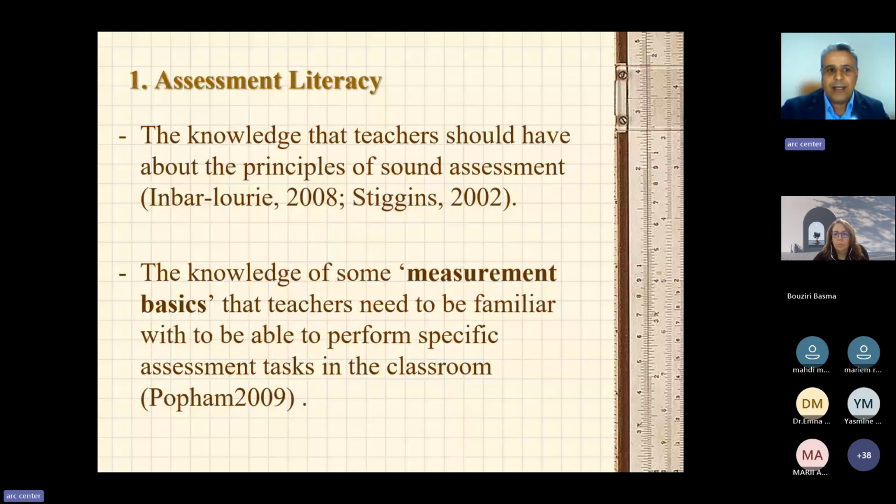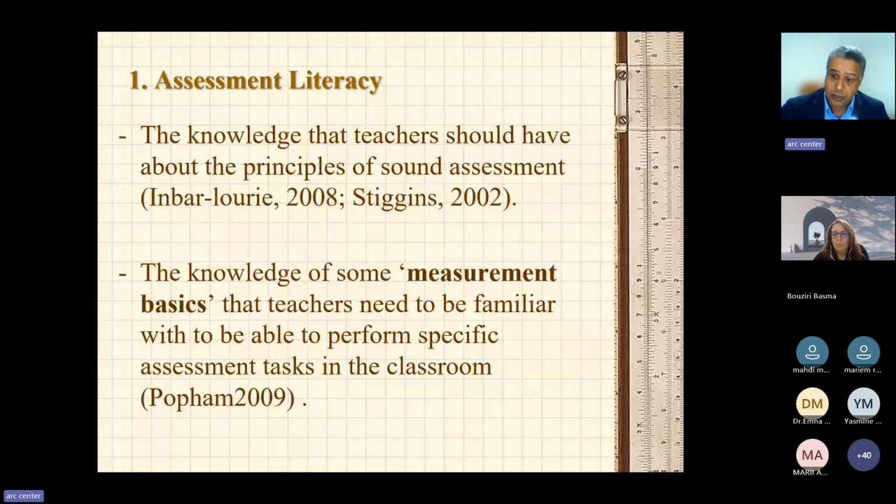So it's like an assessment literacy that is there by nature, even though in most EFL programs in the local context, we do not include courses on assessment because we think that teachers know how to design tests.